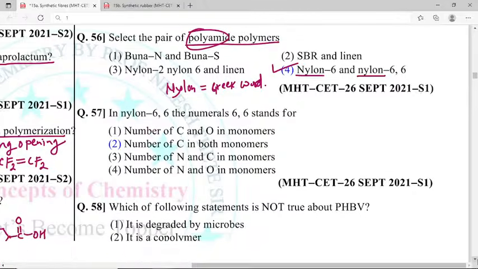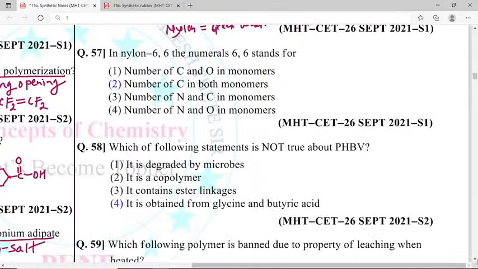In nylon 6,6, the numeral 6,6 stands for the number of carbons in both the monomers. So each contains 6 carbon atoms.